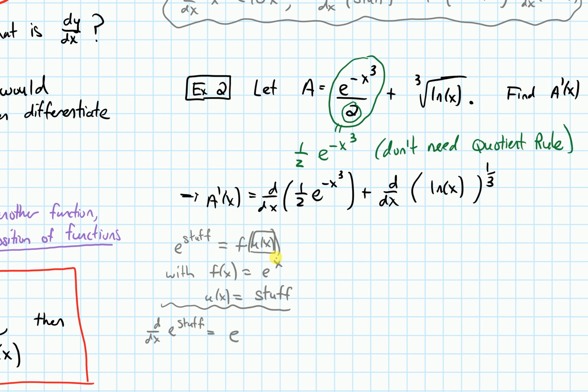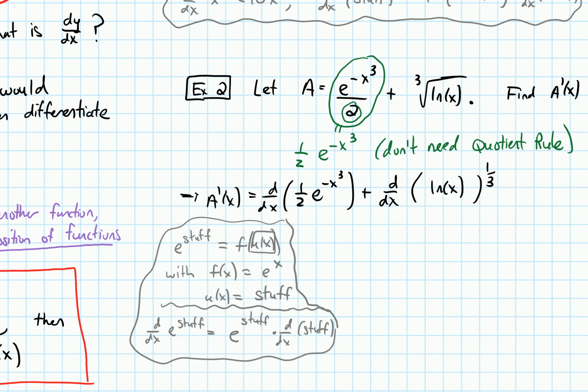So instead of writing e to the x, we'll write e to the stuff, and then we multiply by the derivative of the inside part, the stuff. The takeaway, which I'm going to put in a bubble, is that when we take the derivative of e to the stuff, we get e to the stuff times the derivative of the stuff.